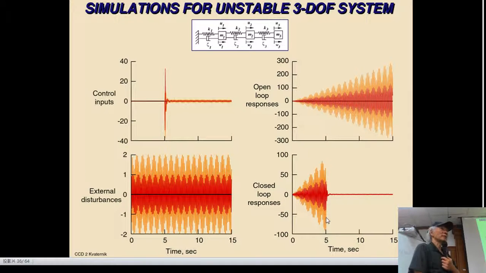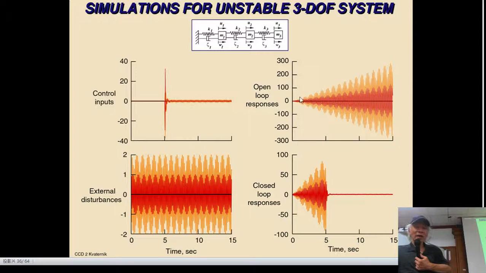Now, we also have our control input. Assume we give a very small control input, and that control input is from U2. U1 is our disturbances, just like earthquake. U2 will be our control force, for example. And then we measure at W3. This is our measurement.